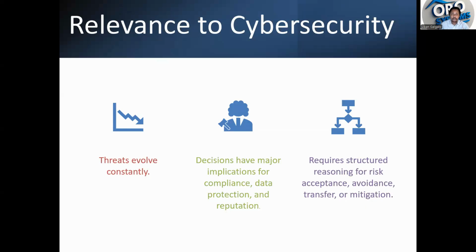If the company doesn't use the right mindset and pick the right controls that apply to them, they will be liable for paying fees, depending on the regulation they violated. It also requires structured reasoning for risk acceptance, avoidance, transfer, or mitigation. These are all the steps of taking a risk response. That will help the company know what it's supposed to do, because if they prepare in advance, it will be easier to take the right action.